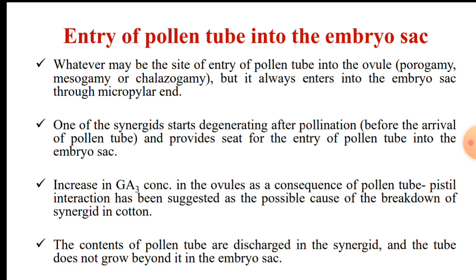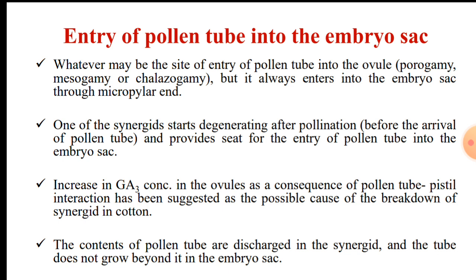Before the entry of the pollen tube into the embryo sac, one of the synergids starts degenerating and it provides seed for the entry of pollen tube into the embryo sac. The degeneration of synergid starts after the pollination and before the arrival of the pollen tube.